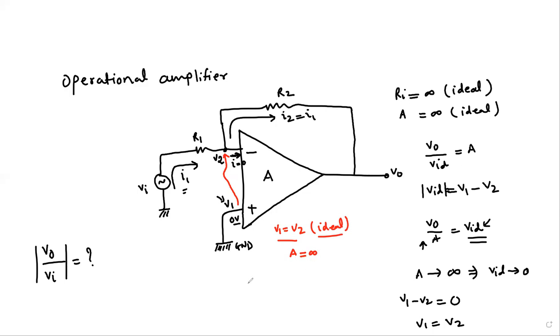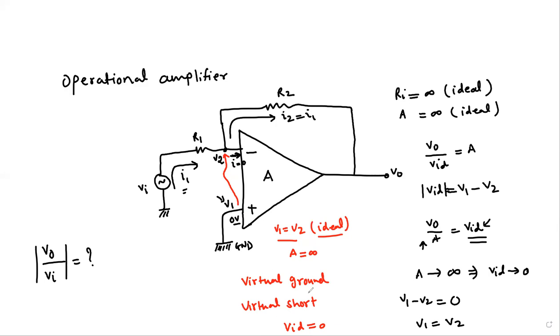So this is called the concept of virtual ground or virtual short. These two terminals are virtually short so that VID tends to 0, because the gain of the amplifier is infinite.